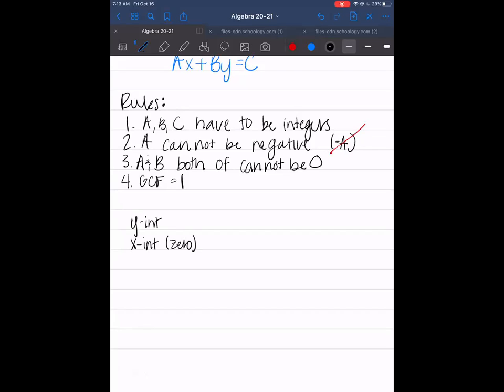The y-intercept happens when the x value equals 0. The x-intercept, or the 0 of the equation, happens when the y value equals 0. And this should not sound very foreign to you, because we've been dealing with y-intercepts with the other forms. The y-intercept has an x value of 0. We don't go left or right because it's on that y-axis on a graph.